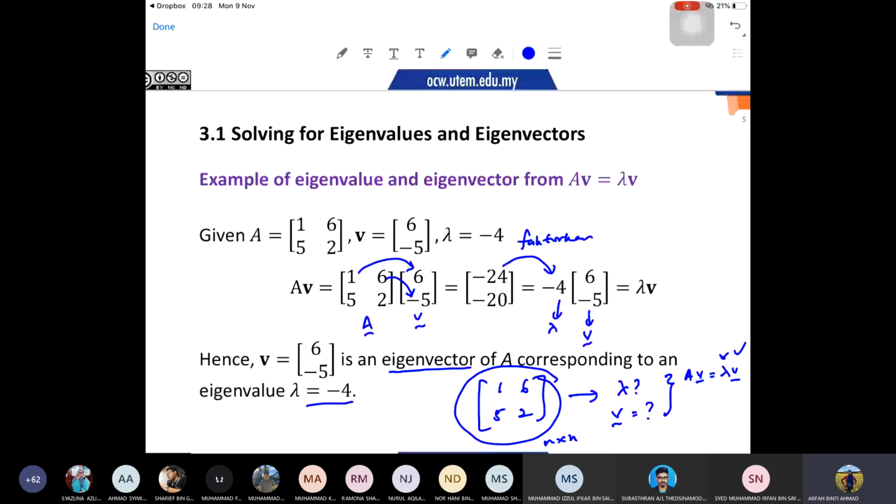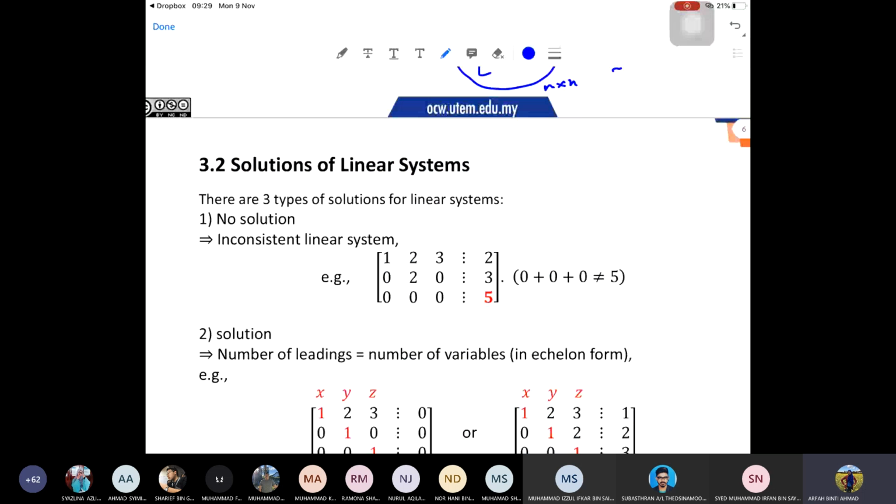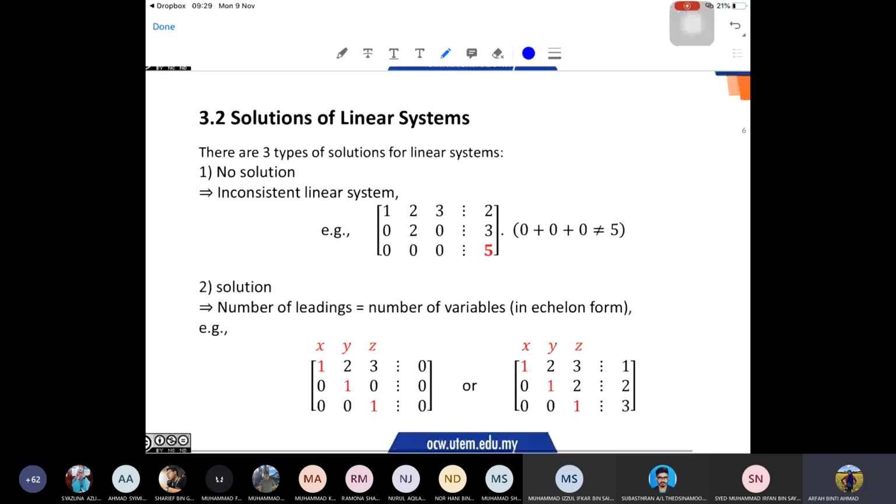Okey, contohnya katakan kita ada satu linear system. Done with this one. I hope everyone is done with this slide. So let's say you have an example of linear system. Dia ada 3 jenis solution for linear system.